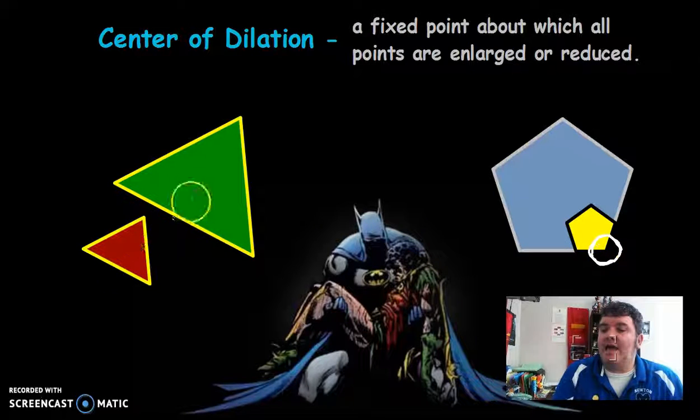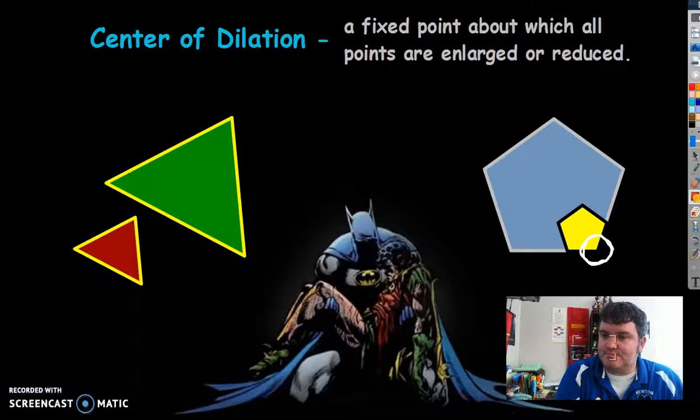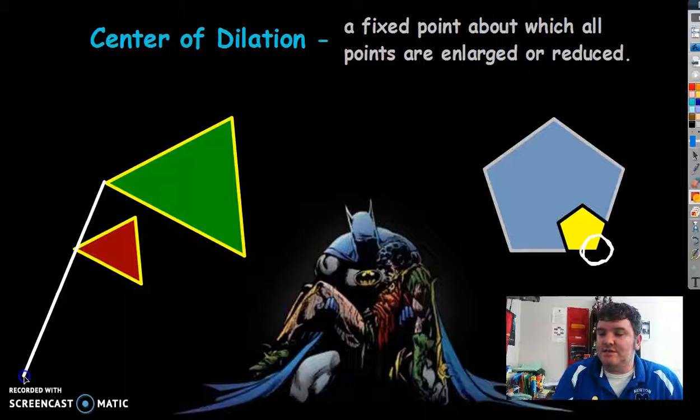Now if they're not attached, overlapping each other like this, or if they're not touching at a vertex, the way to find the center of dilation is to start with the bigger image and draw a line that goes through the equivalent corresponding vertex of the other one, and then just extend a little bit further out.